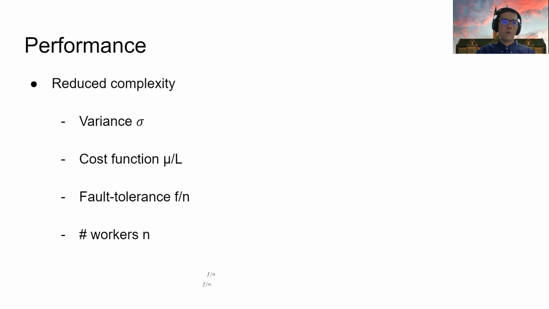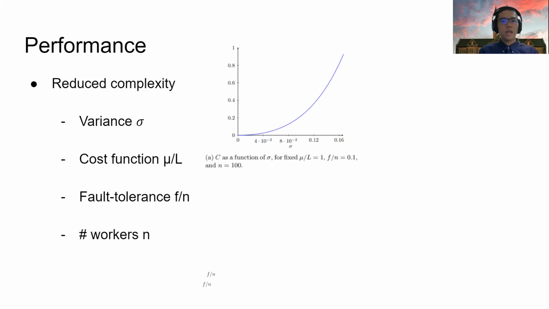The first and the most significant factor is the variance sigma. In the first plot, we fix other 3 variables and plot the upper bound as a function of variance. We can see that the upper bound is almost a quadratic function of the variance. When the variance is relatively small, our algorithm performs well.